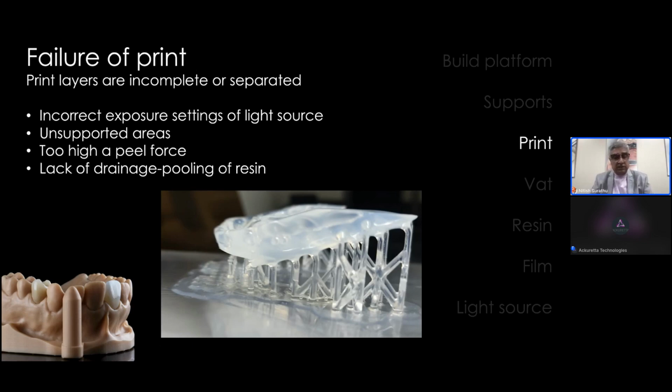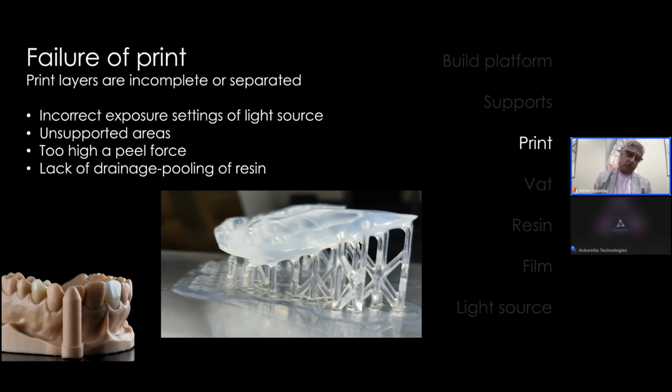You can also have unsupported areas in prints where there are no supports, and that's something we talked about. You can see that the posterior part of the splint just never printed. The part that goes on the molars never printed. And if I review the support file, I found that there were very few supports in that area.